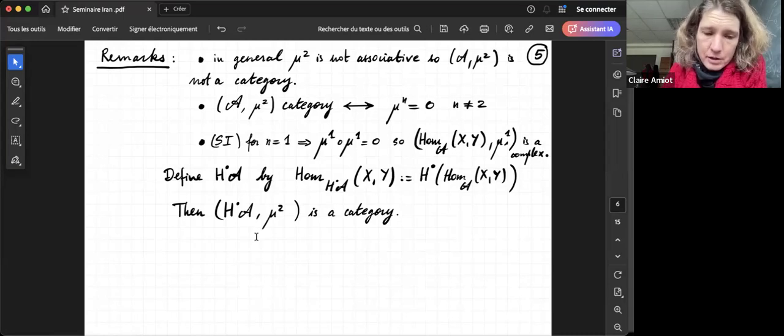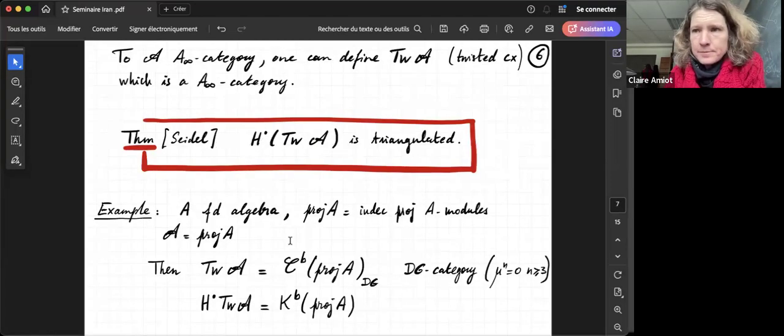So in general, in an A infinity category, mu2 is not associative, but it's associative up to homotopy, which exactly means that if we take this H of A, we get a usual category.